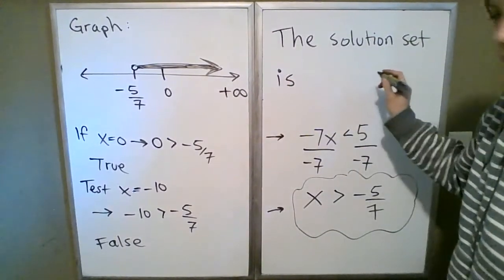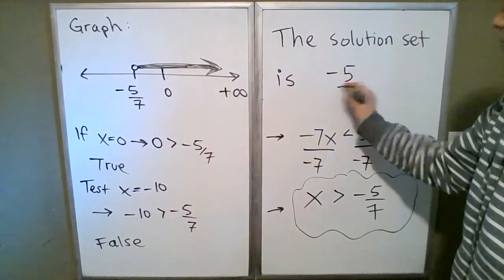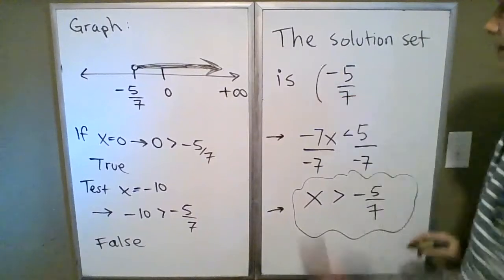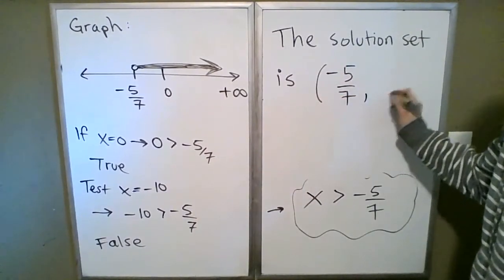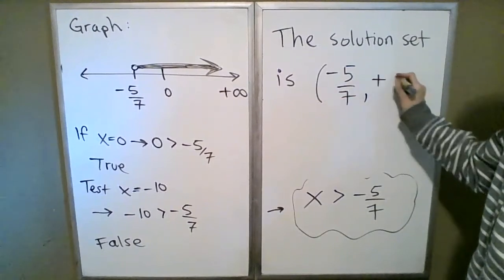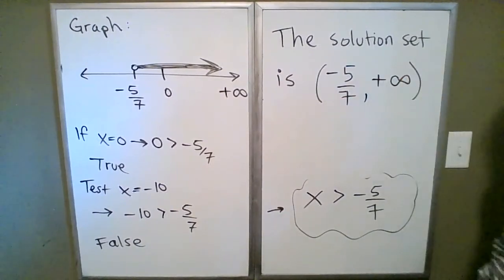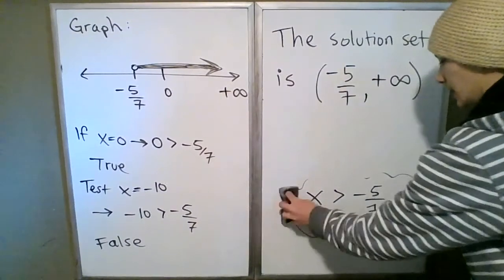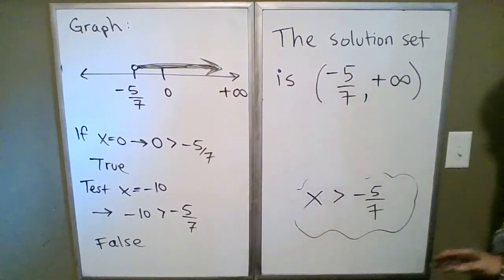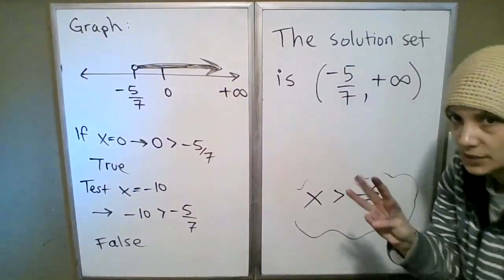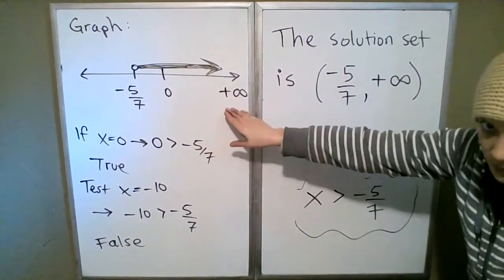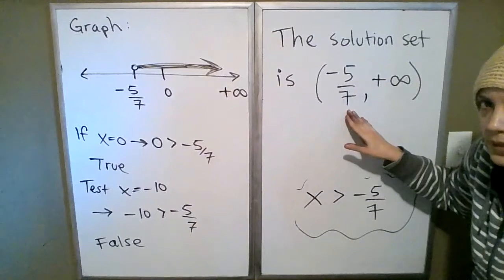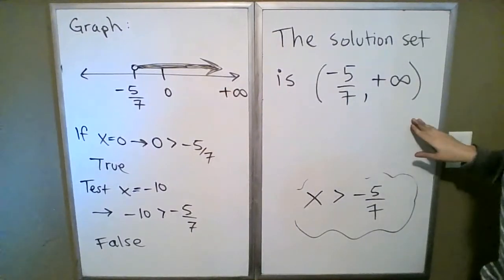So from negative 5/7, and we don't include that number, so use a parenthesis, up to positive infinity, which always has parenthesis. Okay, so there's three ways to answer the question. There's an algebraic statement, there's a graph, and there's a set. And usually the set is in interval notation.